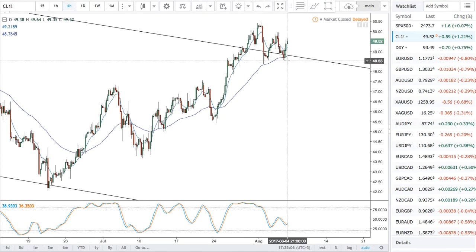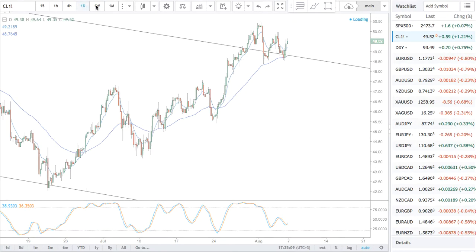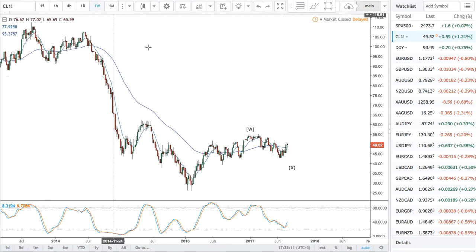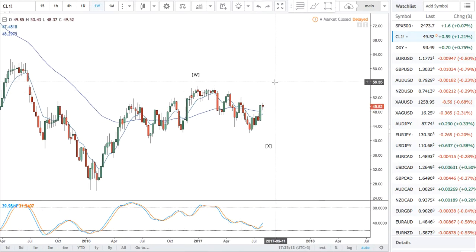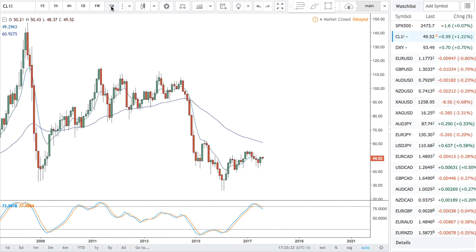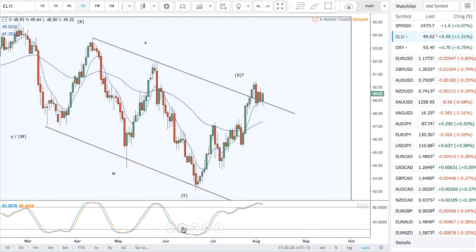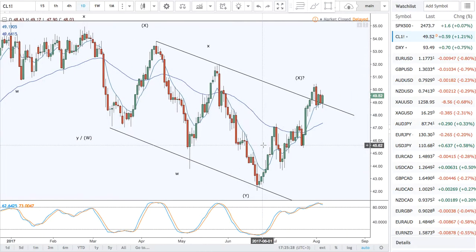Let this resolve, see what happens here. But the view on this hasn't changed. Just an upside move overall for wave Y. How far that'll go, I'm looking above 55 towards the low 60s. So no change on that from last week.